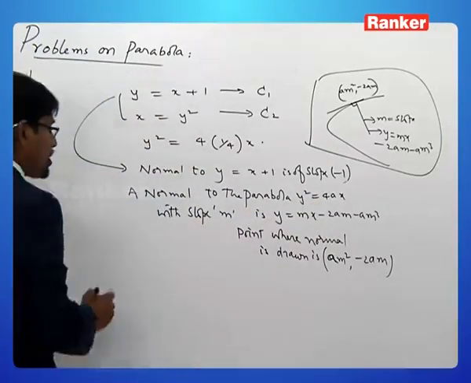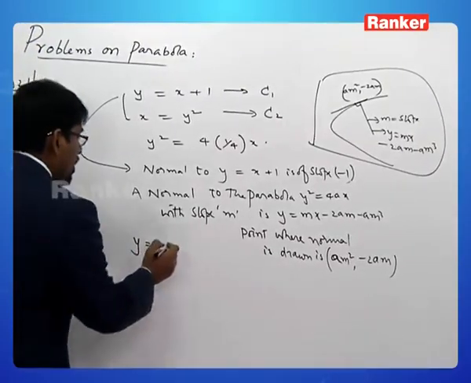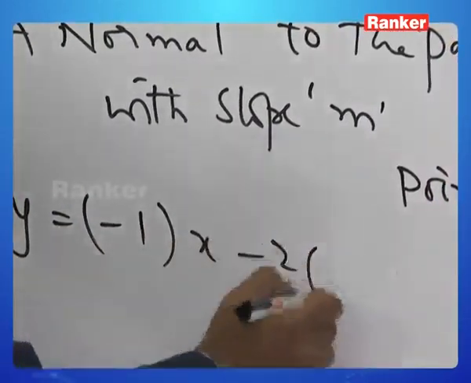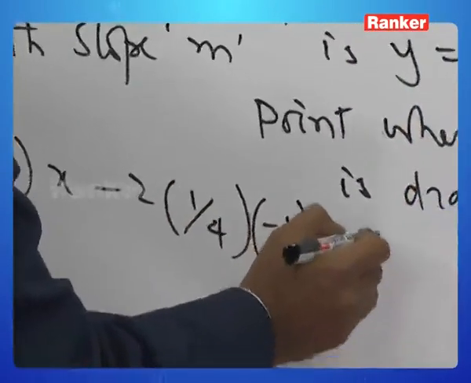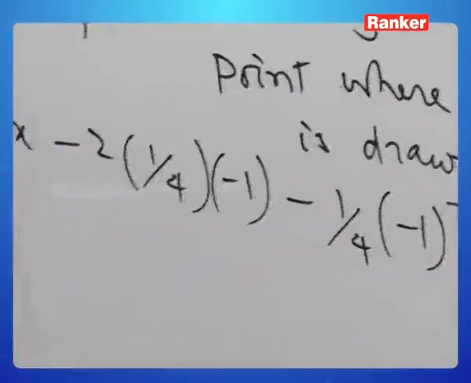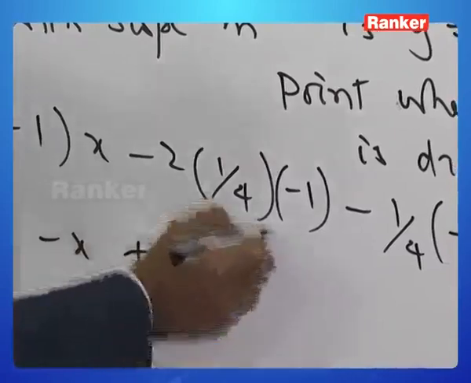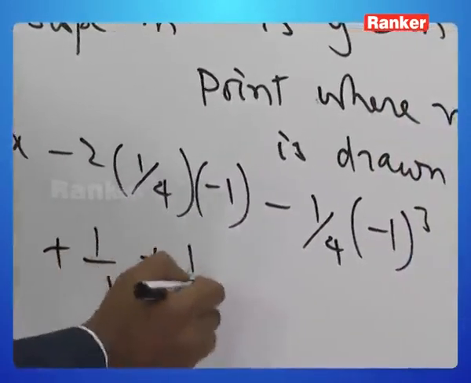And in place of m, minus 1. So what is the normal? y is equal to minus 1 into x minus 2 into 1 by 4 into minus 1, minus 1 by 4 into minus 1 cube. So that makes it minus x plus 1 by 2 plus 1 by 4.